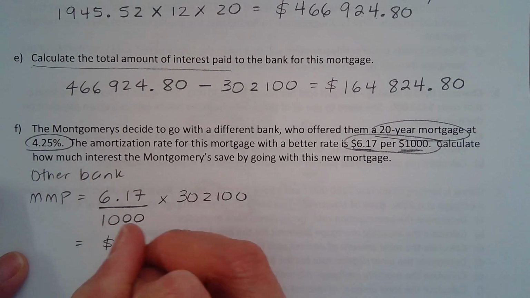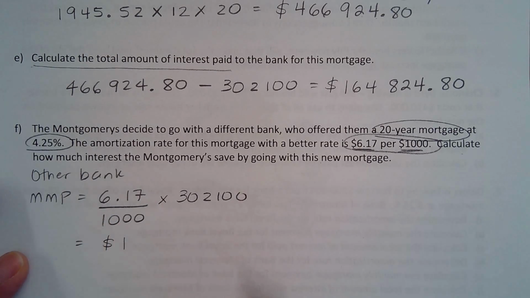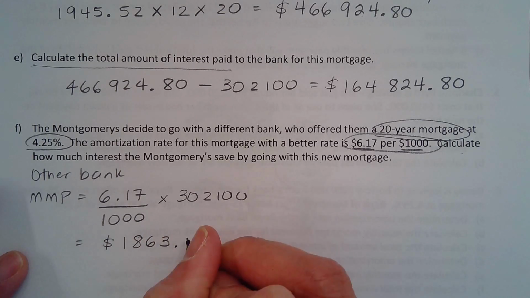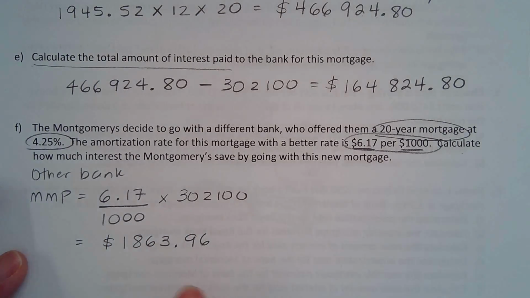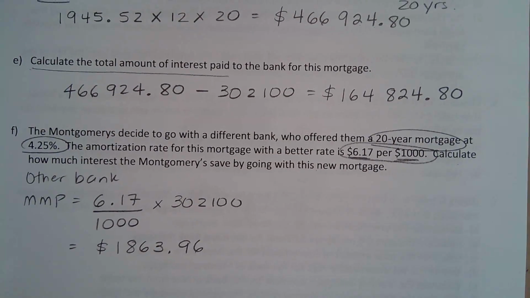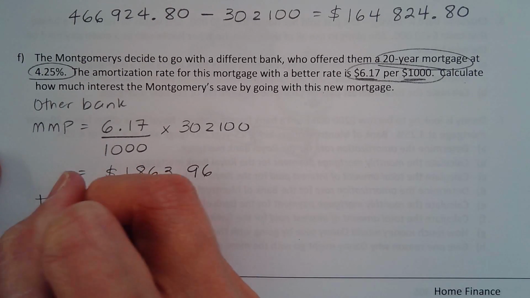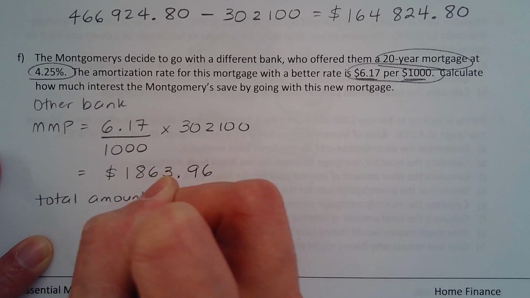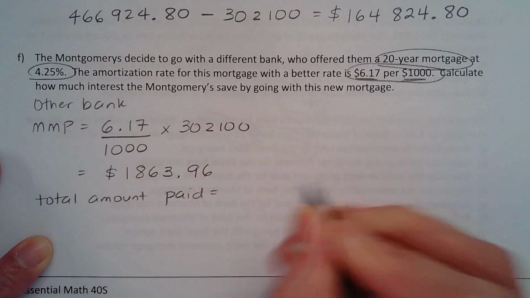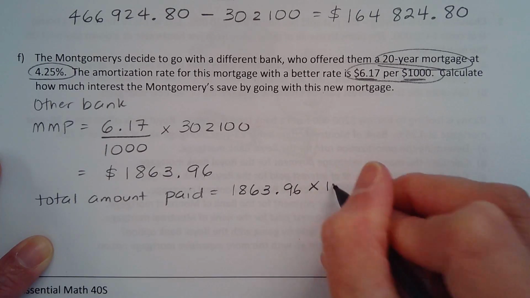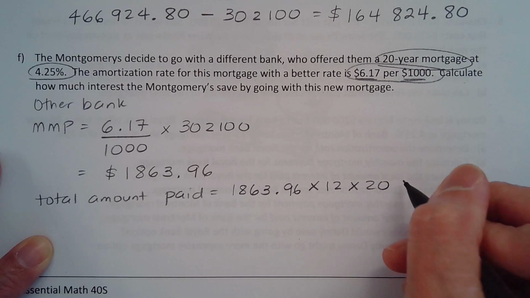So their monthly mortgage payment here is slightly lower, it's only $1,863.96. Okay, so slightly lower compared to the original bank. So how much interest will they save? So total amount paid, $1,863.96 times 12 times 20 years.